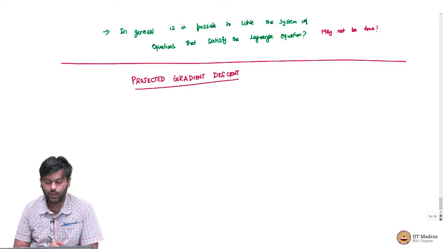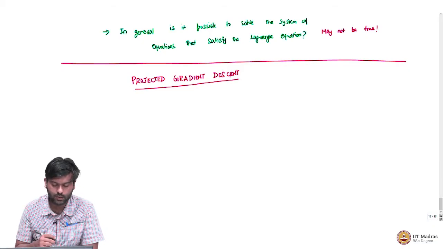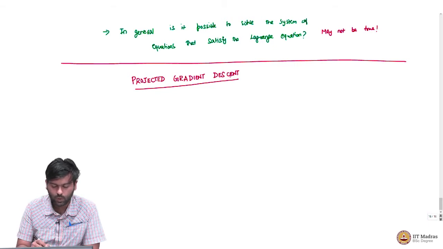So, what is the projected gradient descent algorithm? What does this algorithm do? Well, let us remind ourselves what gradient descent was doing.